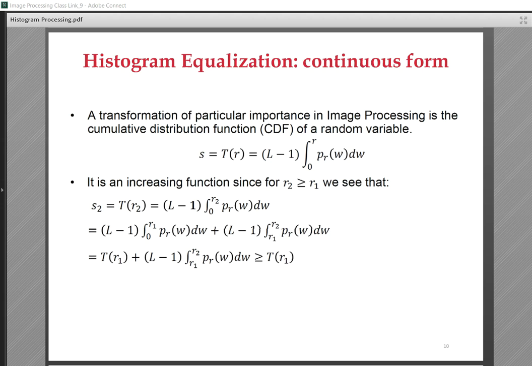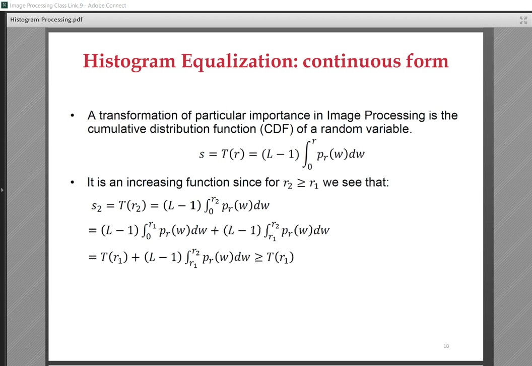Here we type the CDF for S. S is T(R), which is (L-1) times the integral from 0 to R of p_r(w) dw. It's an increasing function.